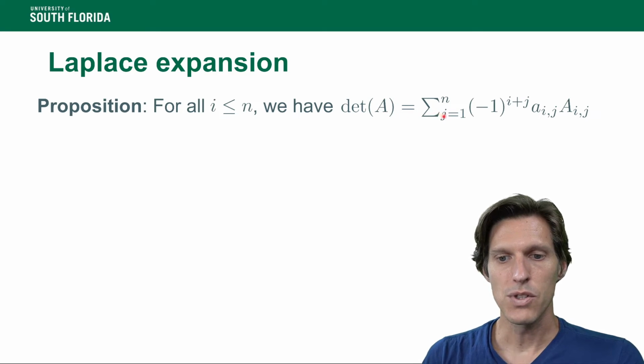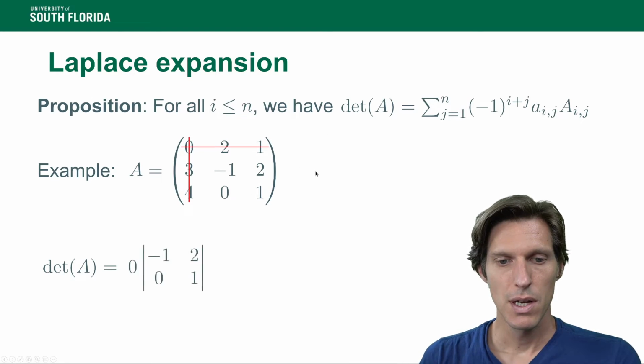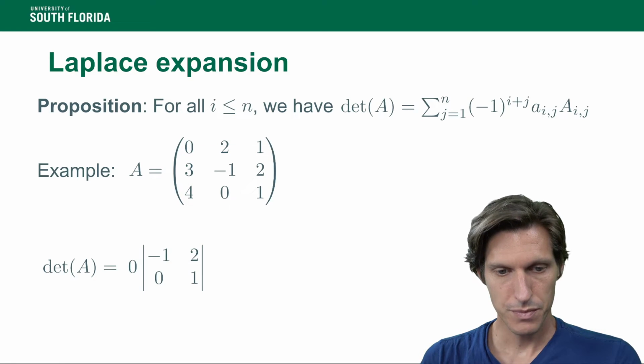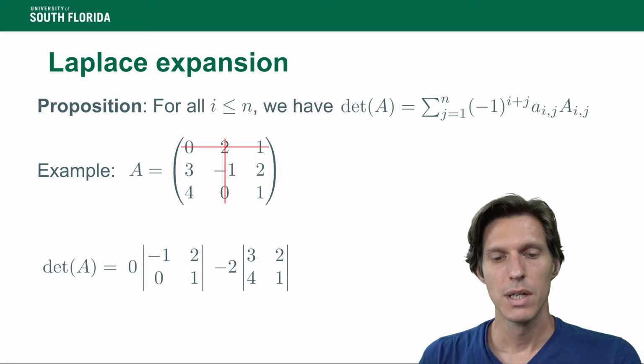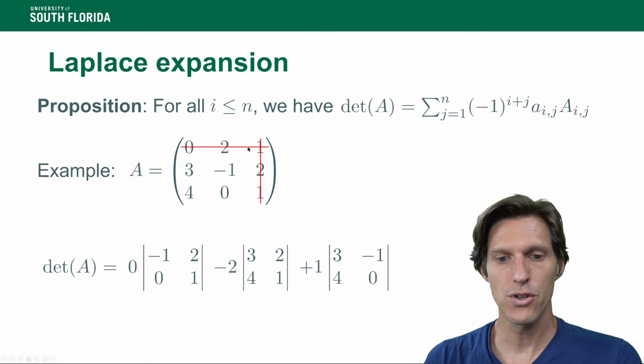So here we sum over j, and we have the sum of -1 to the i plus j a_ij times cofactor a_ij. So what does it look like? So if I take this matrix, I expand for i equals 1, so I get my first term here, then my second term, so you see now I've moved on to j equals 2, and then my third term where I moved on to j equals 3.